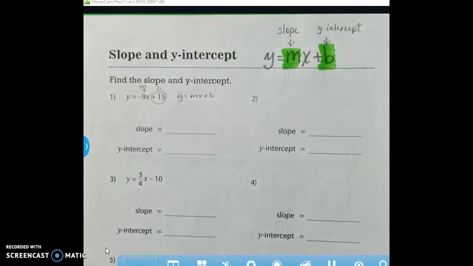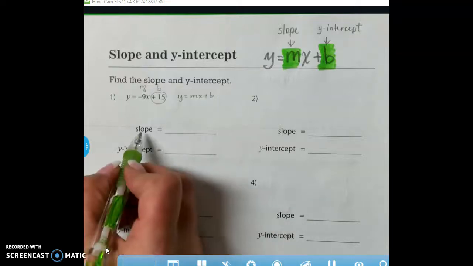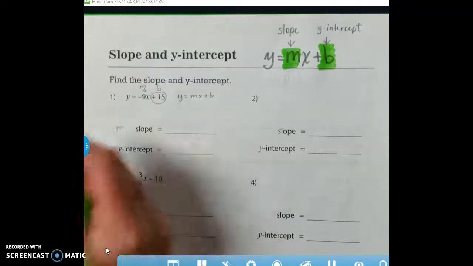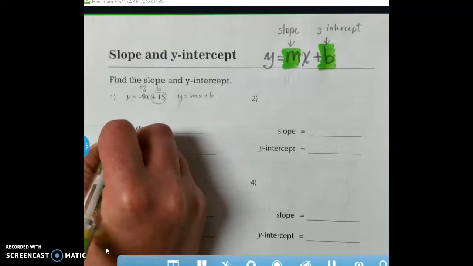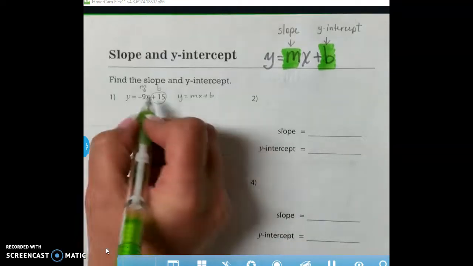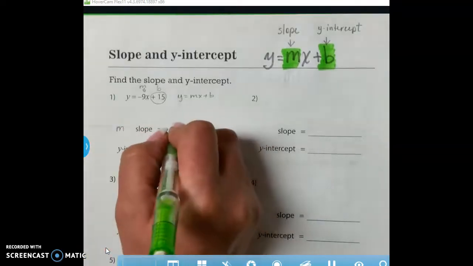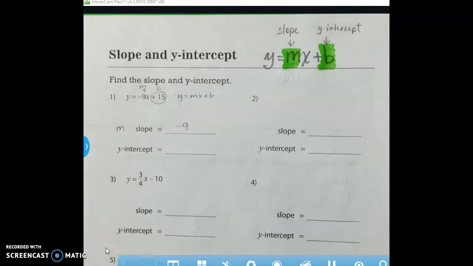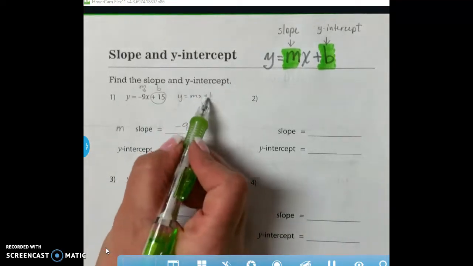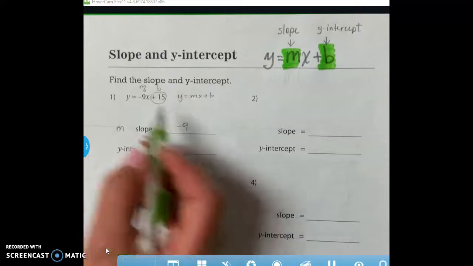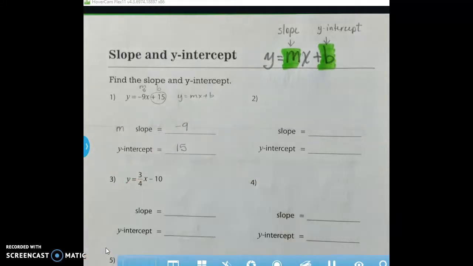Okay, so in this first set of questions, we're literally just going to identify our values. So again, slope is variable m. Okay, so variable m is in front of our x value, so the slope is negative 9. Y-intercept is variable b, that means it's going to be 15.